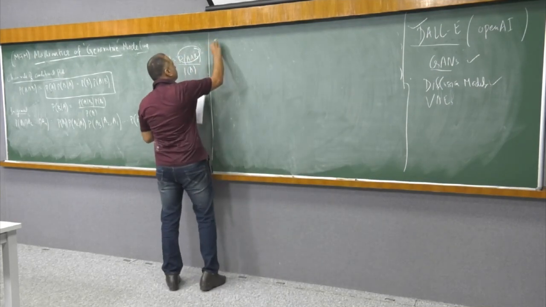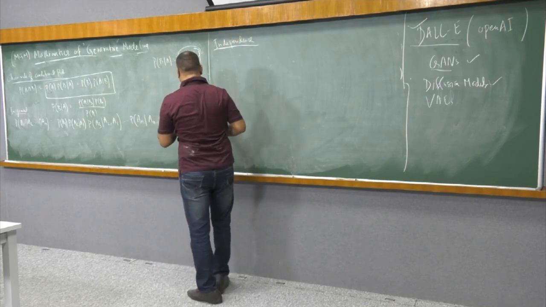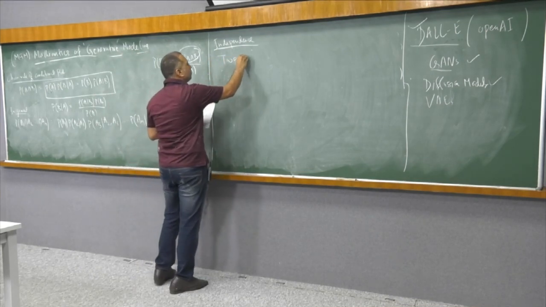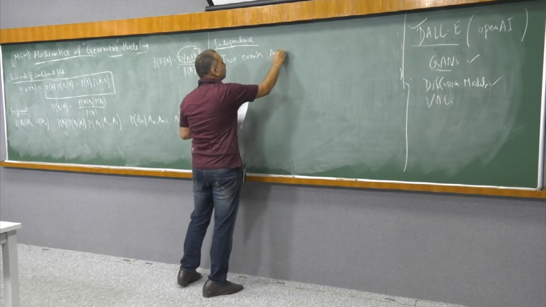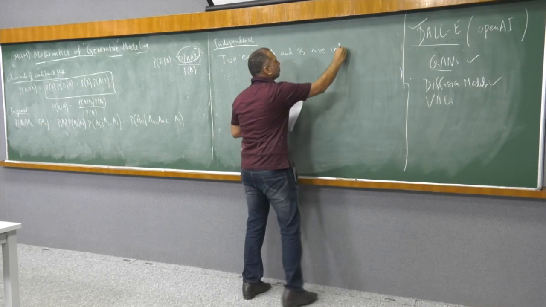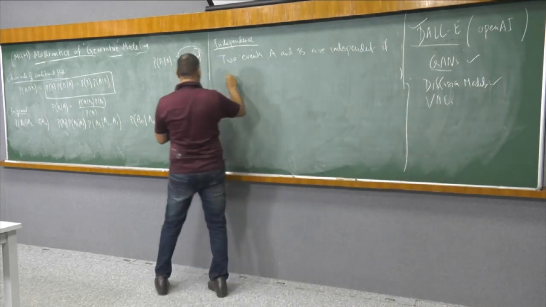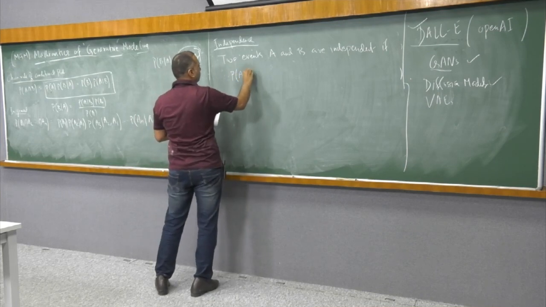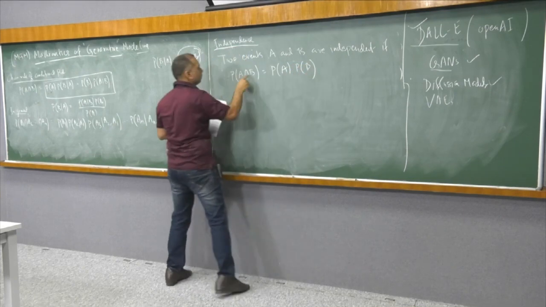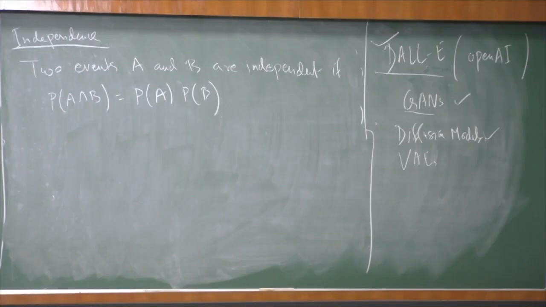So independence. Two events A and B are independent if probability of A intersection B is the product. We can generalize this to multiple intersections, and then there will be multiple products and so on.